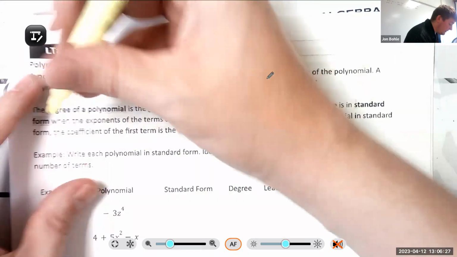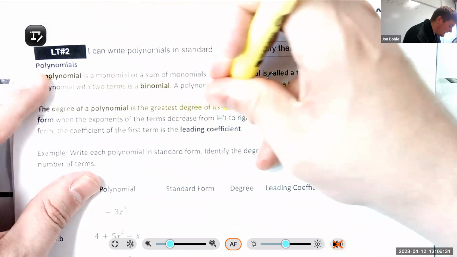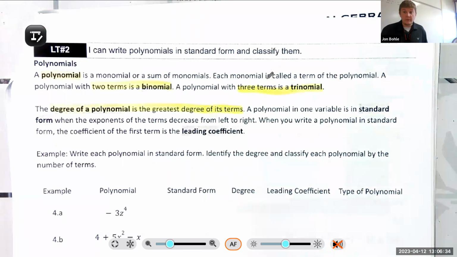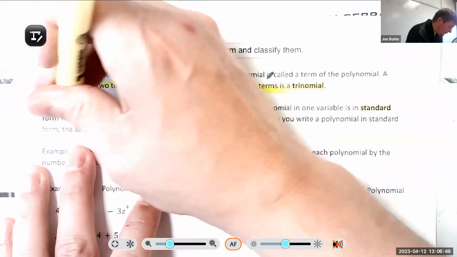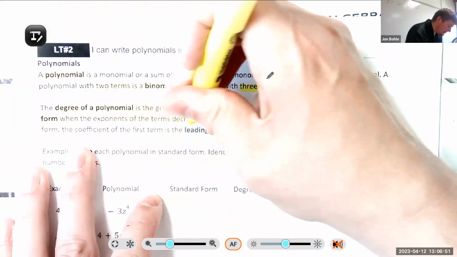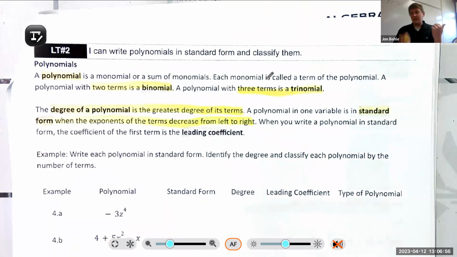Okay, now the degree of the polynomial is slightly different. It's going to be the greatest degree of its terms. So you're going to find the term with the largest degree, and then that degree will be the degree of the polynomial. A polynomial in one variable is in standard form when the exponents of the terms decrease from left to right, meaning we're going to have the highest degree on the left and the lowest degree on the right.